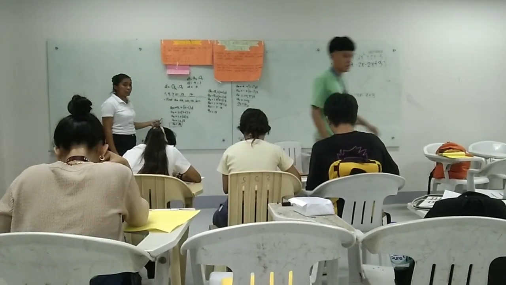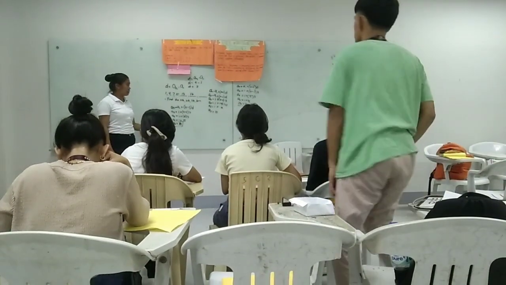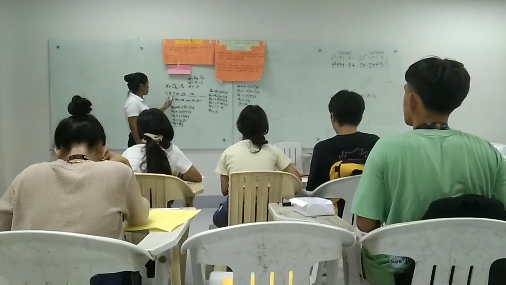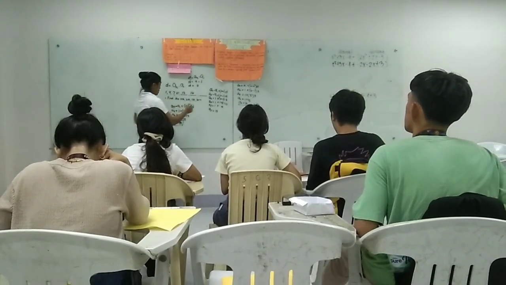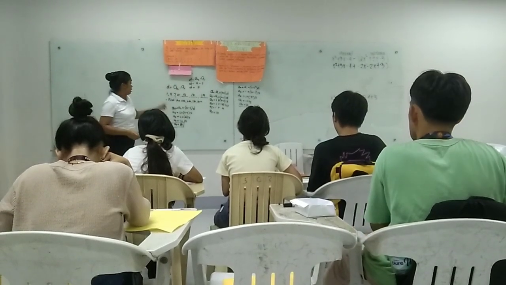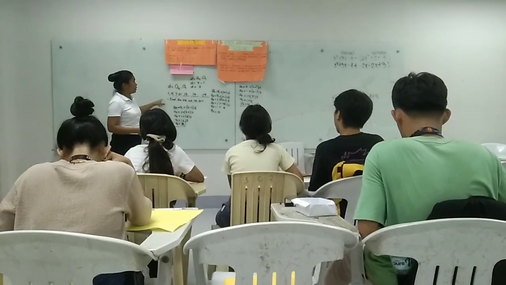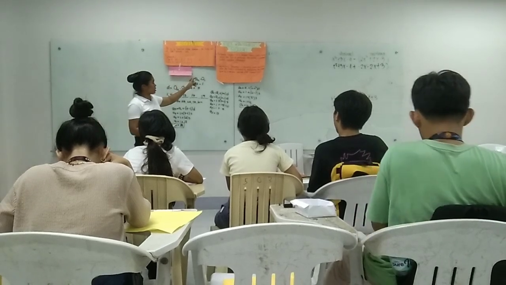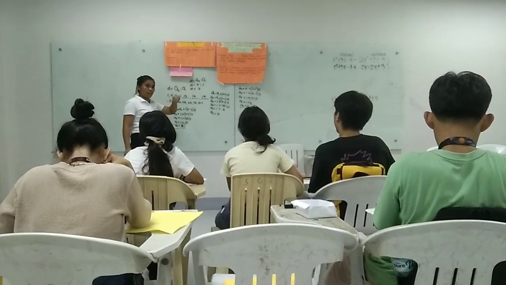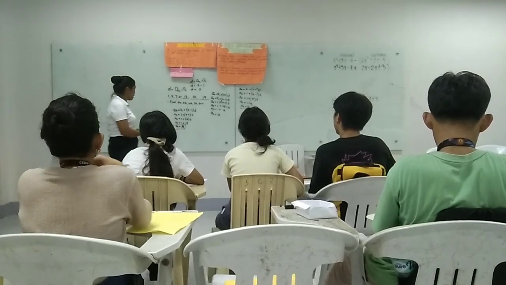So is his answer correct? Yes. As what you have observed in this example: 1, 4, 7, 10, 13, 16, and 19. Do you agree that an arithmetic sequence is obtained by adding a constant called the common difference? Yes. That's correct.